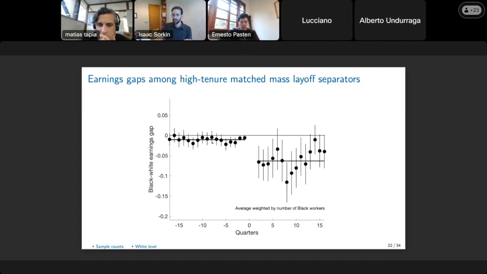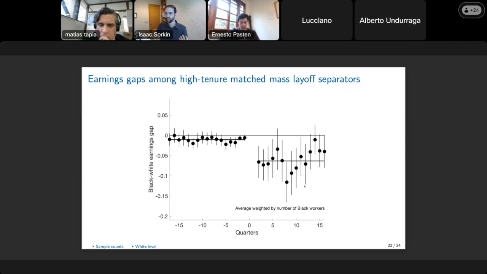So this is the time path of earnings in the next job, where each of these dots represents a separate regression, and the solid line is weighting by the number of black workers. On the right-hand side there are fewer and fewer workers as we go out, because workers leave their first post-separation job.